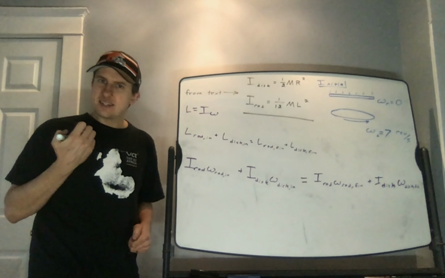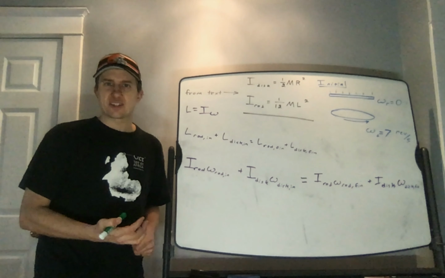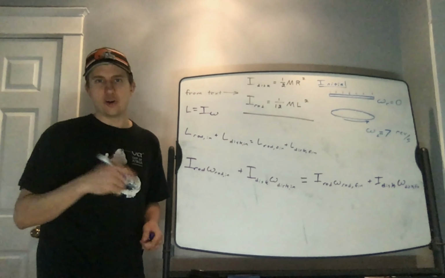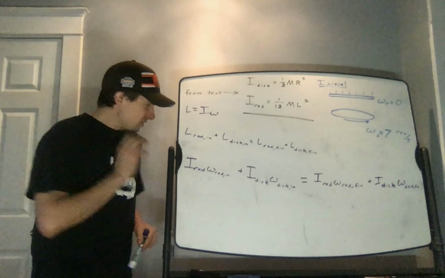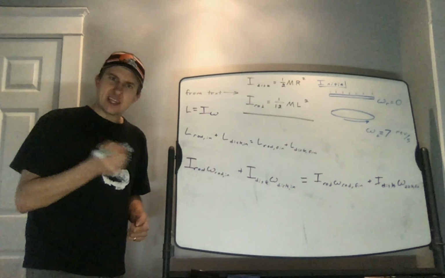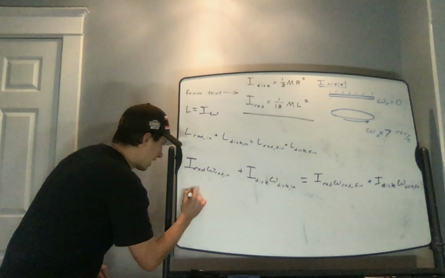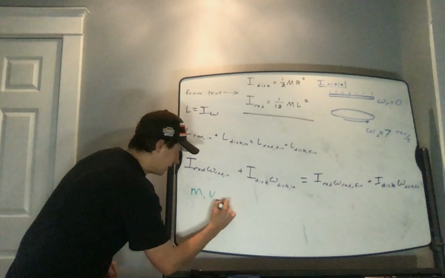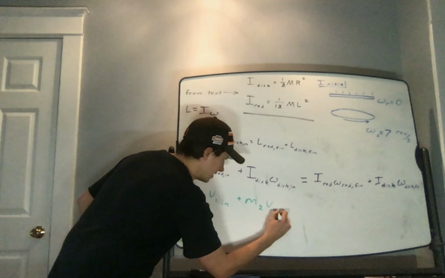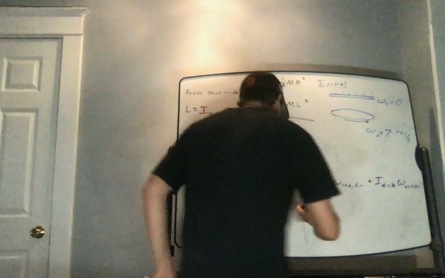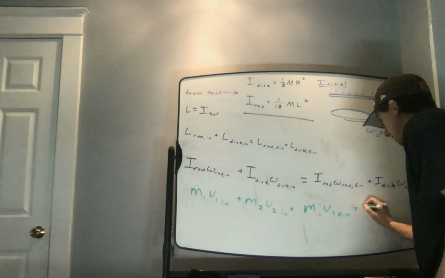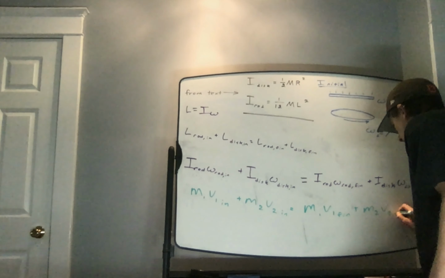If I, instead of labeling these objects as rod and disc, label them as object 1 and object 2, notice that everything I have written on the board here strongly resembles M1 V1 initial plus M2 V2 initial equals M1 V1 final plus M2 V2 final.